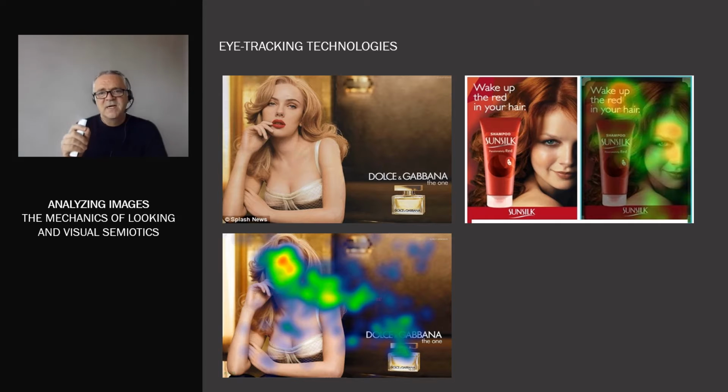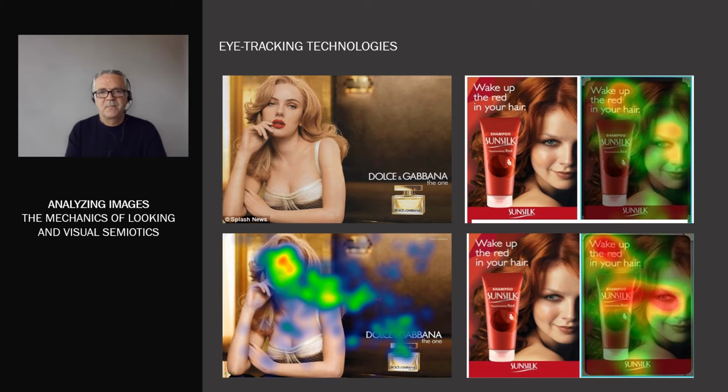But what advertisers are able to do is to adjust the image in order to control the processing, and they do this by relying on a little bit of visual design. In other words, what they've done here is they've changed the model's gaze, the direction in which she's looking.